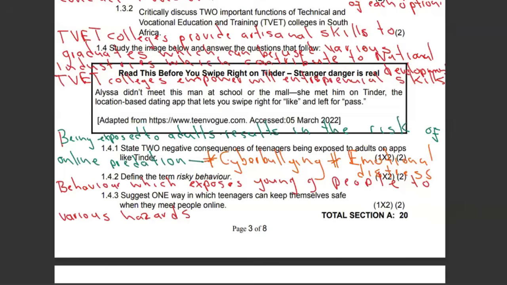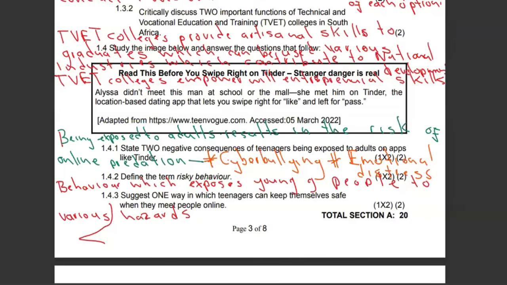So moving on to the next one, suggest one way in which teenagers can keep themselves safe when they meet people online. When teenagers meet people online, they can use the following methods to protect themselves.